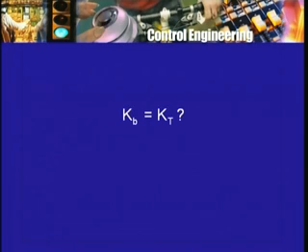Now again, it's a fairly good practical approximation, and one can show that in ideal theory it must be true that these two constants, the back EMF constant which relates EMF to speed, and the torque constant which relates the torque produced to the armature current, are equal.